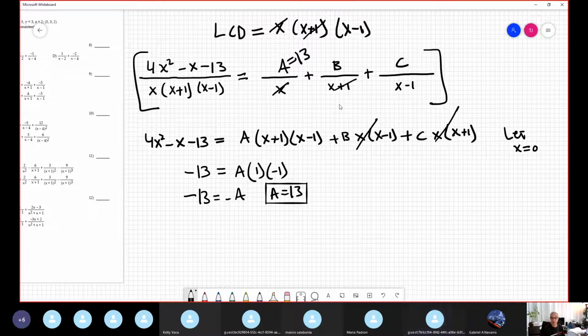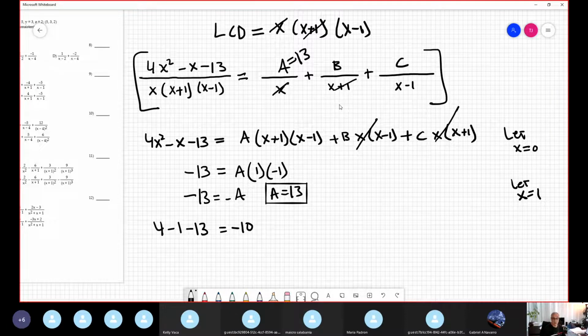Yes. Suppose now x is positive 1. Doesn't matter the order, okay. Entonces 4 times 1 squared is 4, and 4 minus 1 minus 13. Es obvio que es, let me see, es negative 10, no? Negative 10 because 4 minus 1 is 3, 3 positive, minus 13 is negative 10.